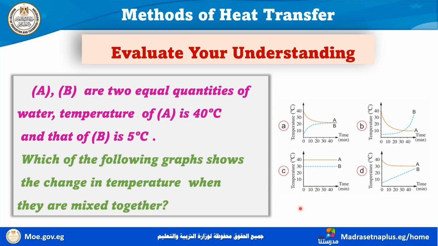So from these graphs we will choose the first one, graph A, that indicates the falling down of A and rising up of B till both of them have the same temperature. This is the thermal equilibrium that will take place in this experiment, and the final temperature will be 22.5 degrees Celsius. This was our last question in our session today.